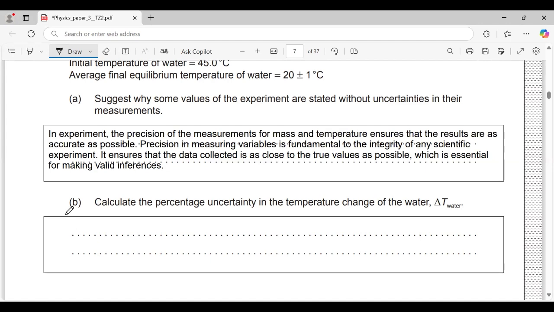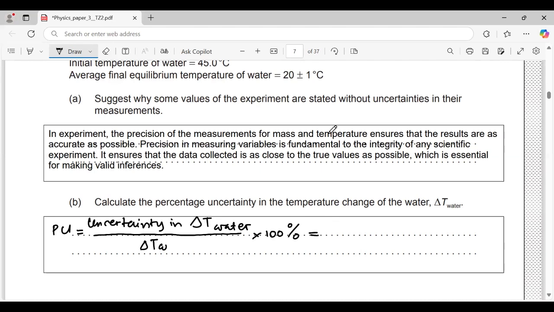Percentage uncertainty is equal to the uncertainty in delta T water, or change in water temperature, over the change in water temperature, multiplied by 100%.